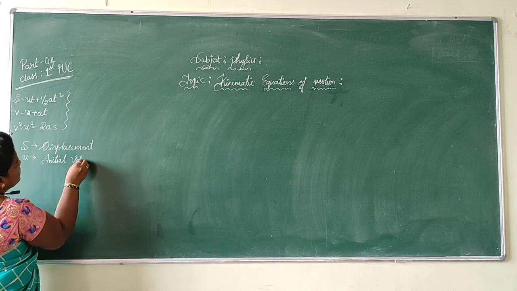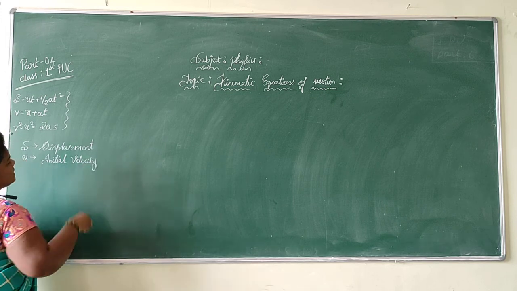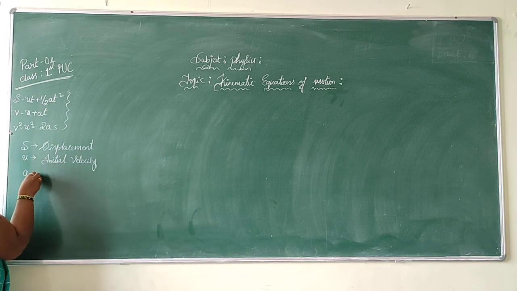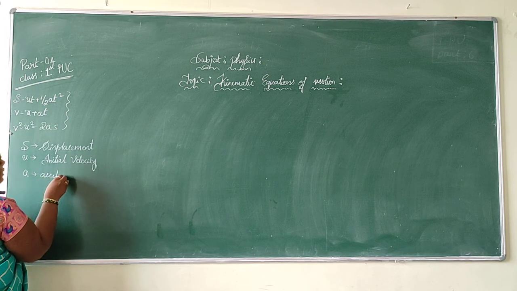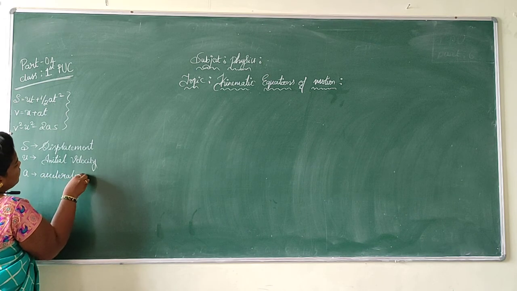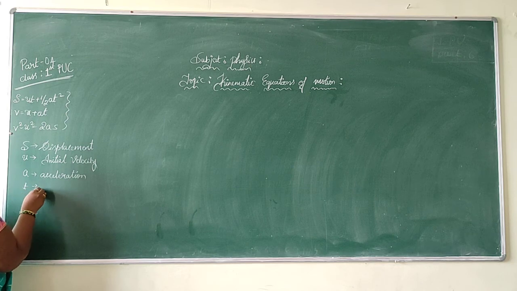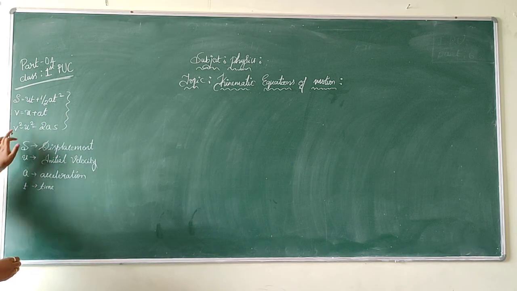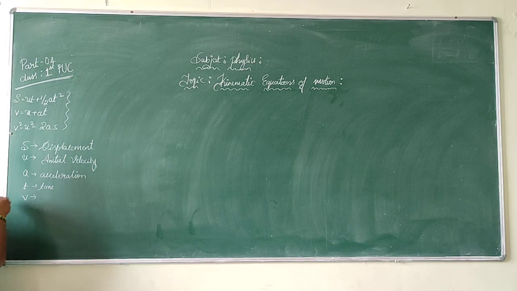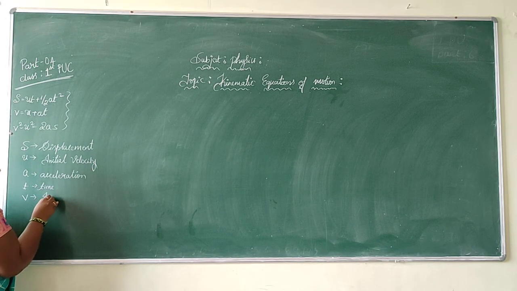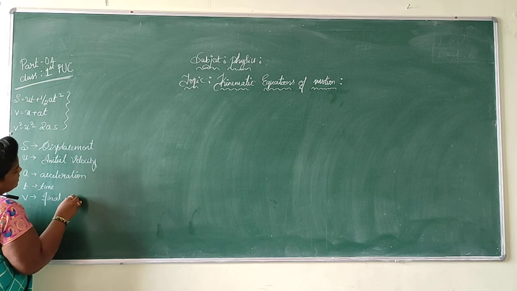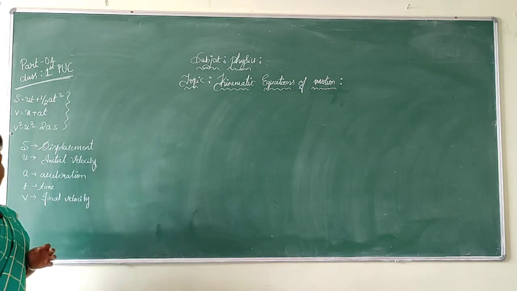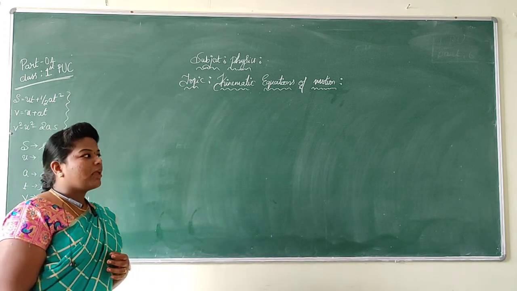Next comes a, which is called acceleration, and the small t represents the time taken by the object. And the last one is v, the final velocity. So these are all the terms which come under the kinematic equations of motion.